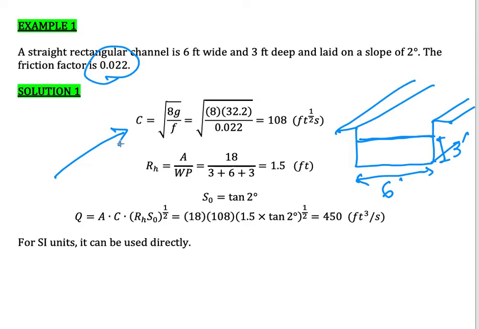If the question is given in British units, I think in fluid mechanics 1 we already discussed units. We have two types of unit: British unit and SI unit. SI unit is what we learn, which is meter, centimeter and so on, but British unit is more about feet and miles.